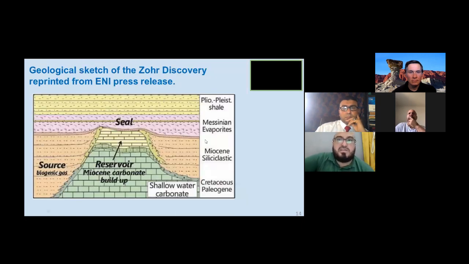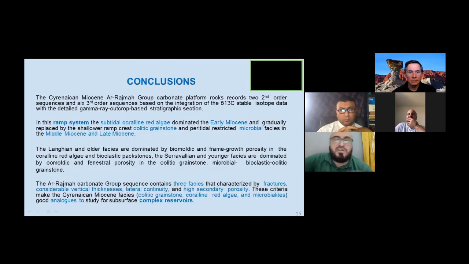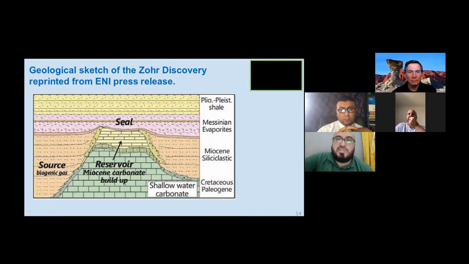Here you see an example from the Zohr discovery in the neighboring Mediterranean basin in Egypt. The type of source rock there is biogenic gas in Miocene source rock, topped by Messinian evaporites, and as you may be aware, the Messinian crisis covered most of the Mediterranean basins at that time of the late Miocene.